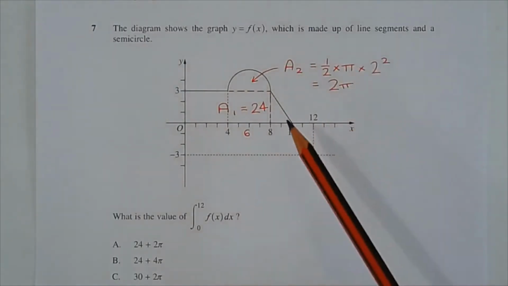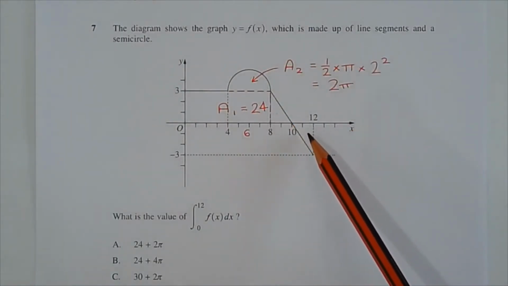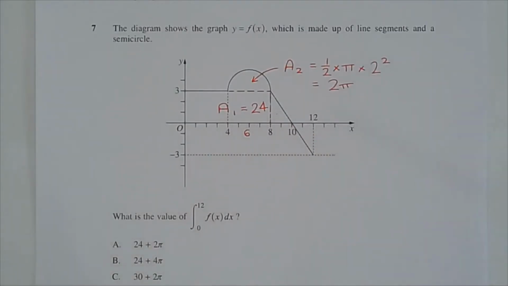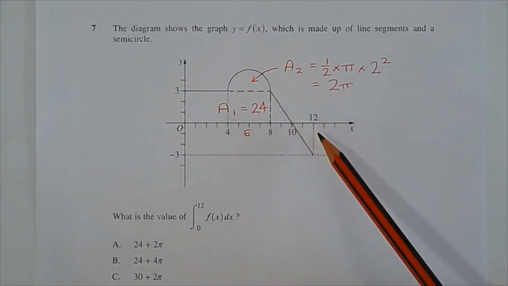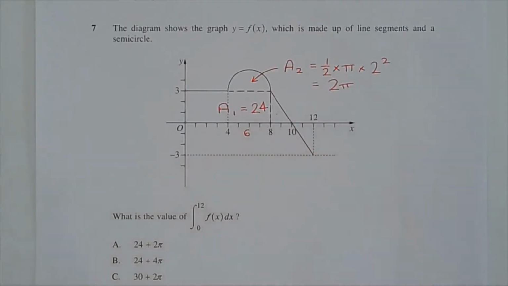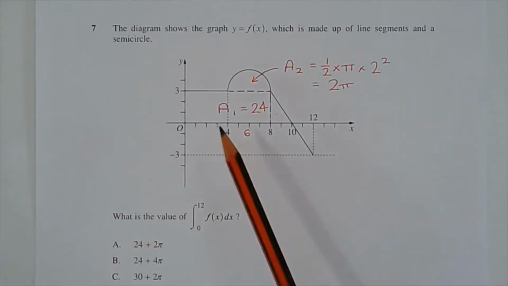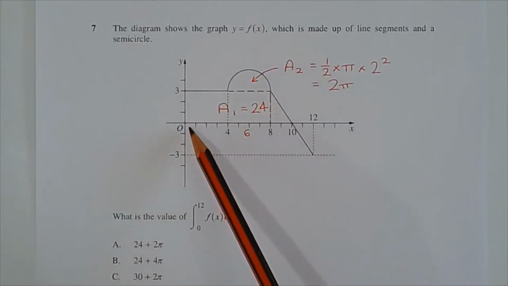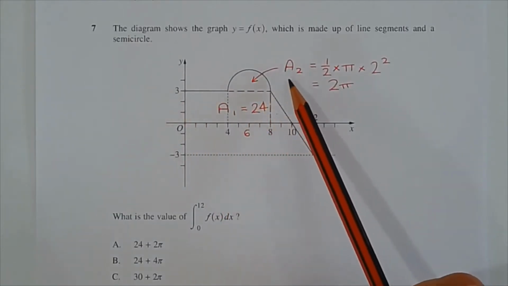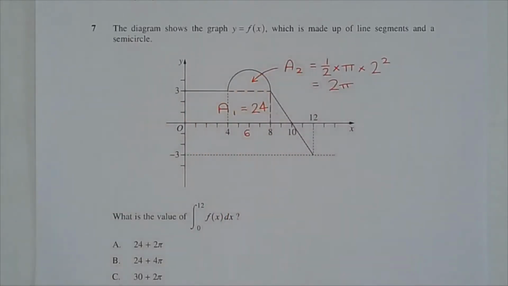So in this instance, this area here and this area here will cancel since the two areas are identical but opposite in sign. So this positive area here will cancel with this negative area here. So there's only two regions we need to consider. This region here, A1, which is just a rectangle, and then region A2, which is a semicircle.